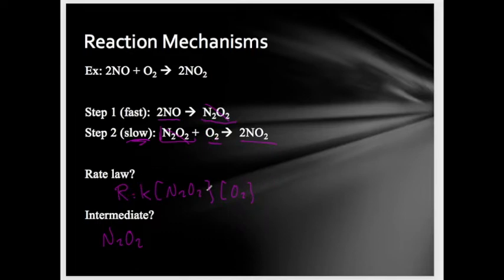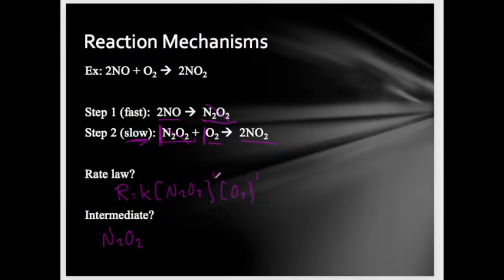Remember, the rate law will always be based on the stoichiometry of the rate determining step. These exponents are 1 and 1. First order, second order overall, because the stoichiometry of the rate determining slow step shows up right there with a 1 and a 1.